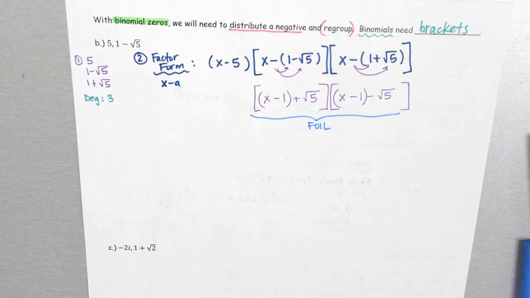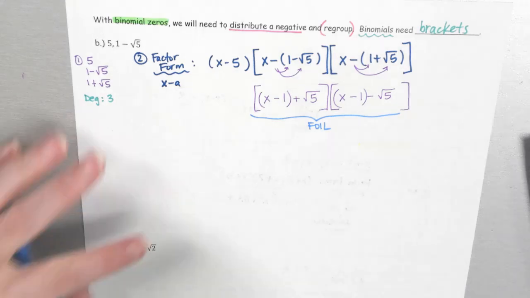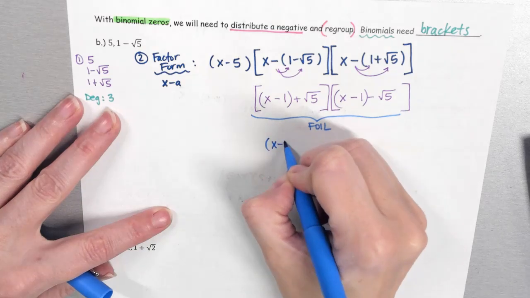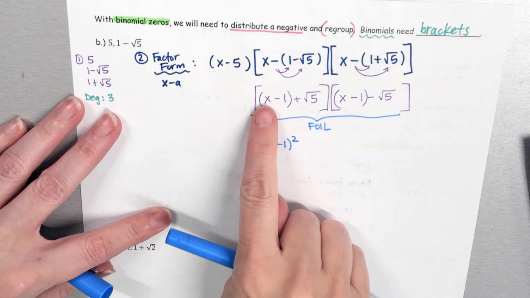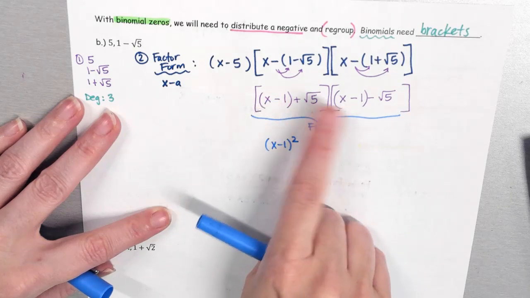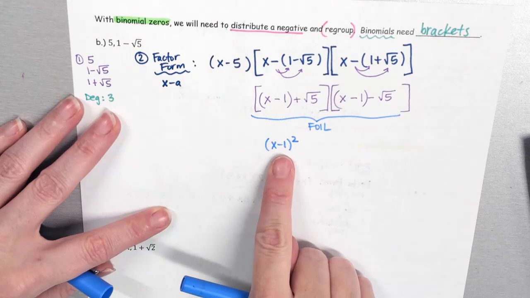So if you're doing FOIL and you do first term times the first term, you're multiplying x minus 1 times x minus 1, which is just going to be x minus 1 to the power of 2. So think of these as your first terms. First times first is x minus 1 squared.